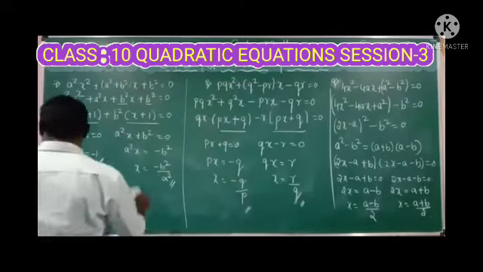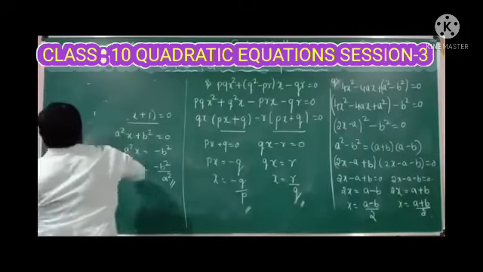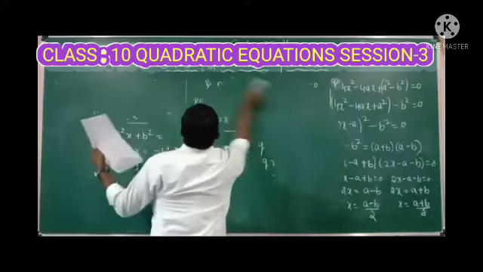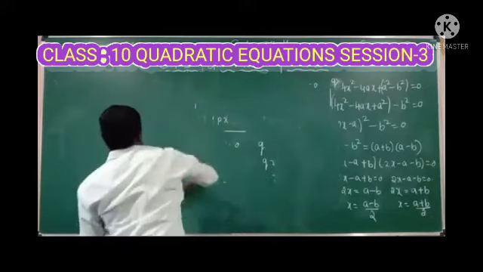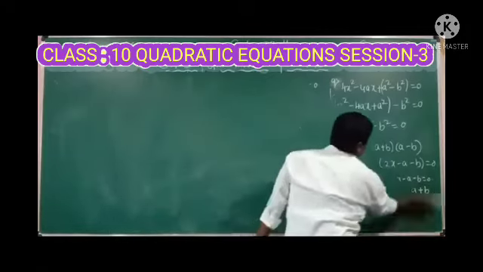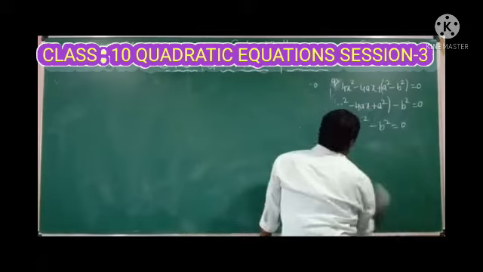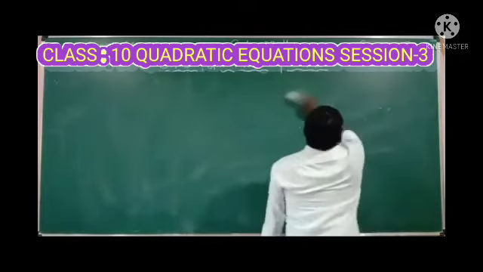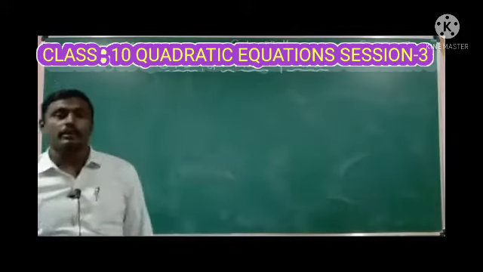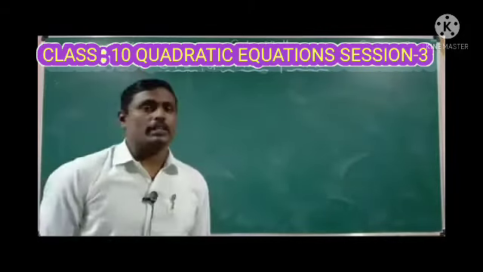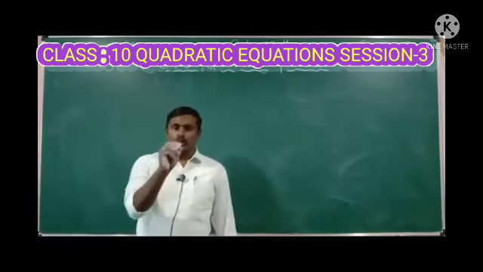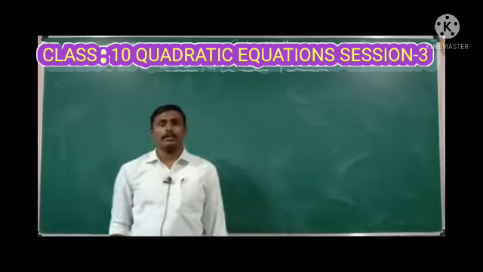Okay, next one. While we are simplifying these types of questions, we need to use some algebraic identities like (a plus b) whole squared, (a minus b) whole squared, (a plus b) whole cubed, (a minus b) whole cubed, a squared minus b squared, right?